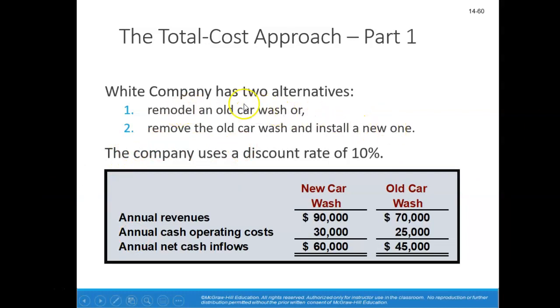Which approach should we do? Should we remodel the old car wash or remove the old car wash and install a new one?